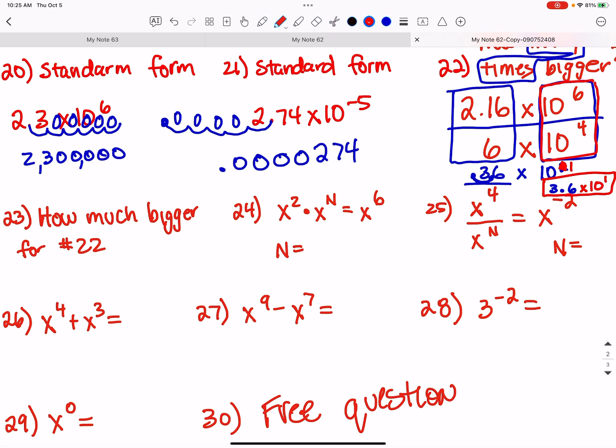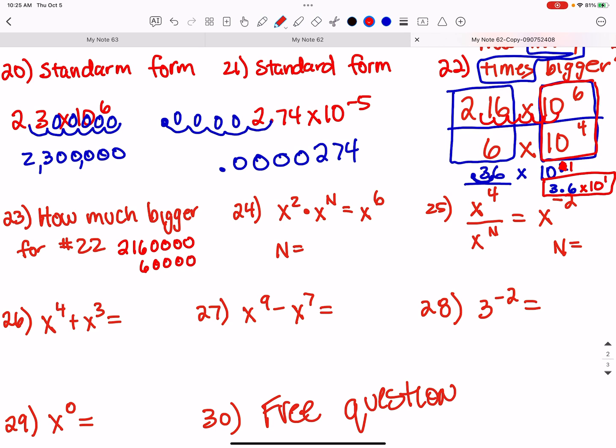2.16 times 10 to the 6th: we're going to move the decimal over 1, 2, 3, 4, 5, 6. That's 216 with 4 zeros. And 6 times 10 to the 4th would be 6 with 4 zeros.